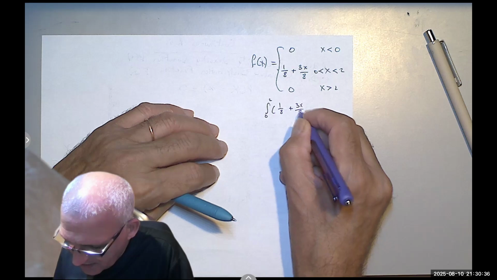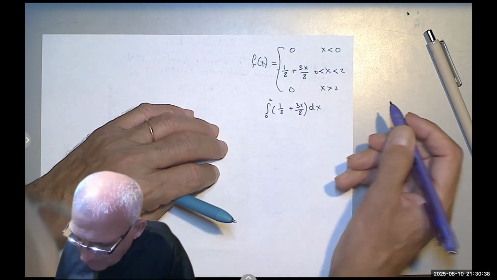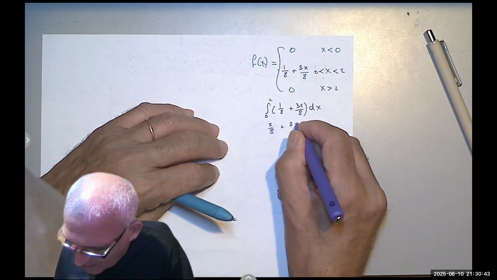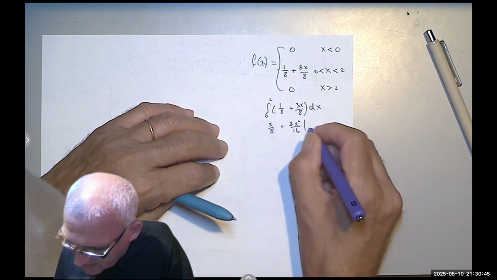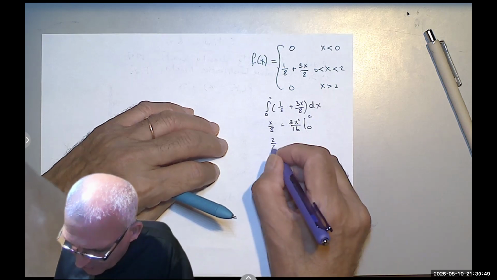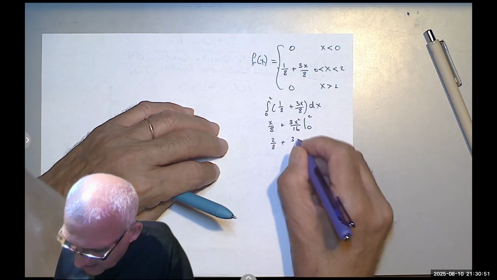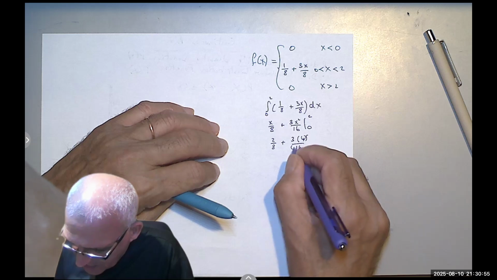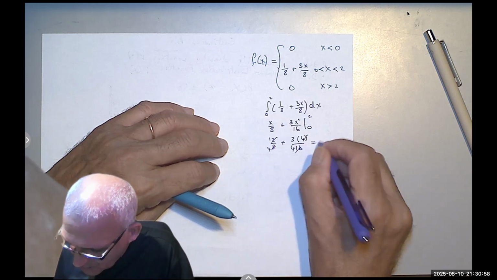If not, then we will correct it. Okay, so I get x over 8 plus 3x squared over 16 evaluated between 0 and 2. So this would be 2 over 8, or a quarter, plus 3 times 4 over 16. Yeah, 3/4 plus 1/4 equals 1, so it's correct.